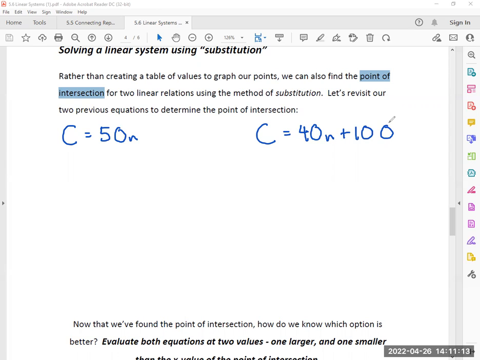What did we just say about these two equations at the point of intersection? What's so special about C and N at the point of intersection? They're going to be equal. We just said that this cost and this cost is equal. So I'll write it right here, and you can follow along. When is the cost equal?